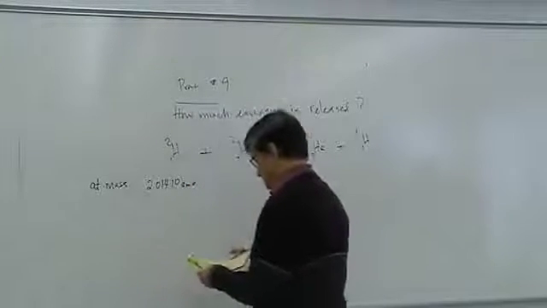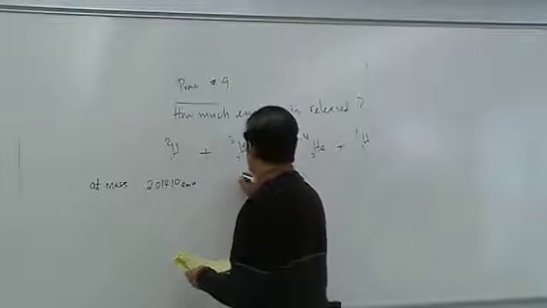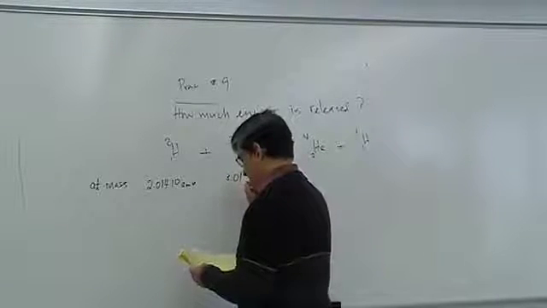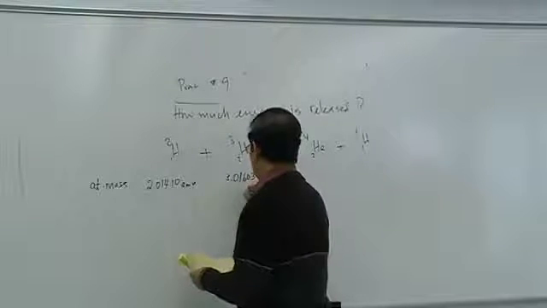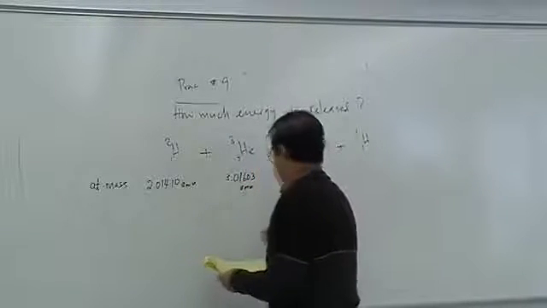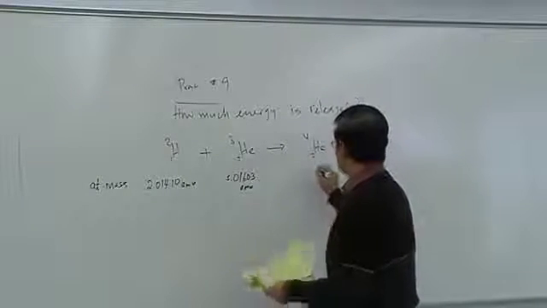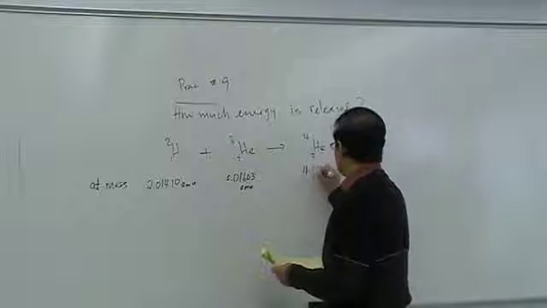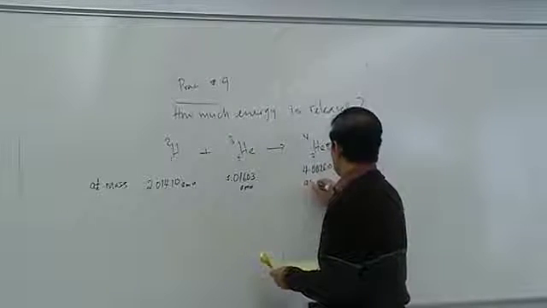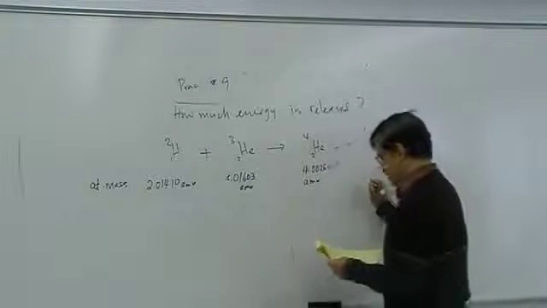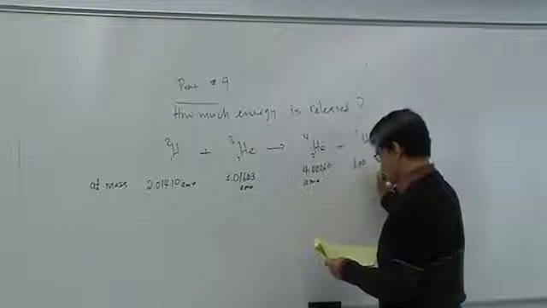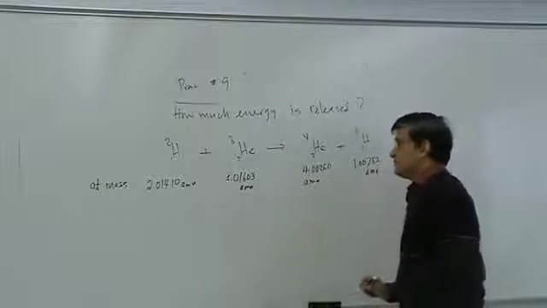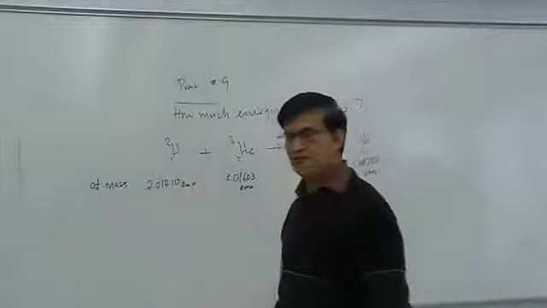For helium-3 it is 3.01603 AMU, and for this helium, 4.00260 AMU, and for hydrogen it's going to be 1.00782 AMU. Keep in mind this is the atomic mass but not nuclear mass.